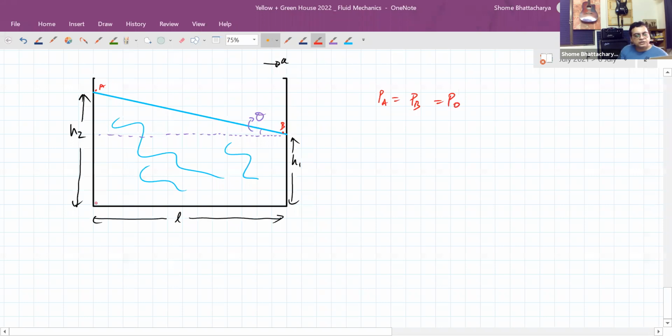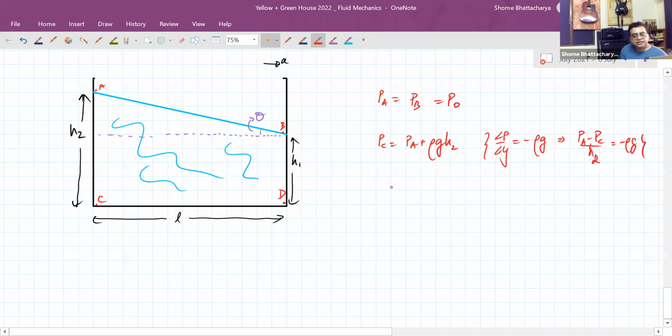Then right below A, we can consider a point, let's say C, and right below B, we can consider a point, let's say D. So pressure at C will be equal to PA plus rho G H2, because here we have considered the fact that the vertical pressure gradient is minus rho G. So pressure at A minus pressure at C upon the vertical displacement H2 is equal to minus rho G. From this result, we would have got this.